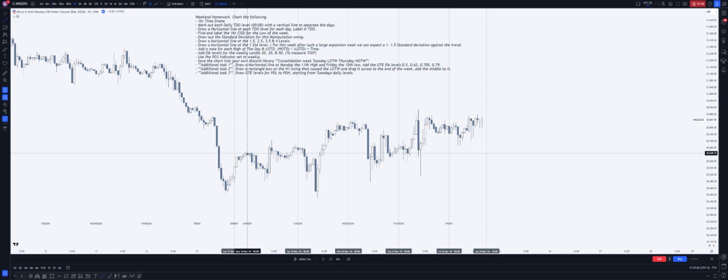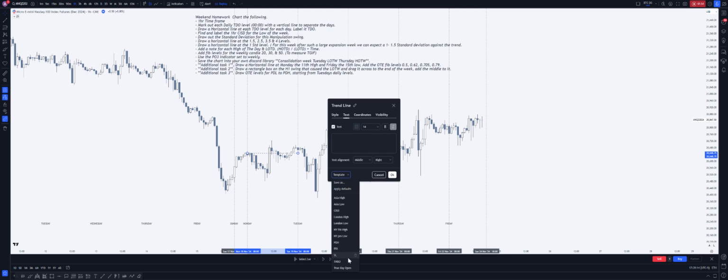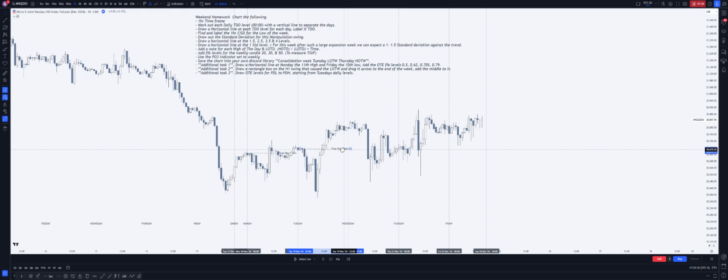Starting from Monday, I'm just copying these by holding Control, clicking and dragging each one.